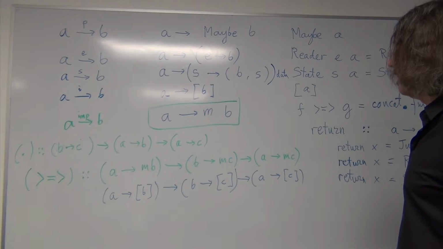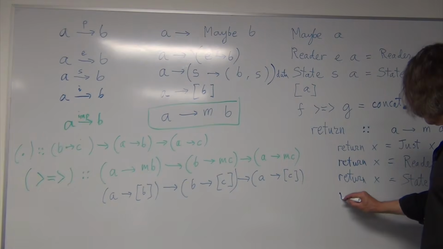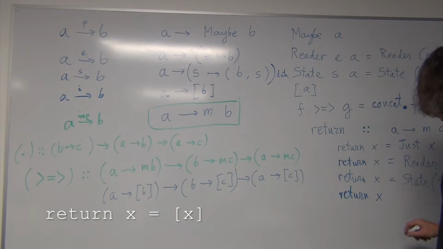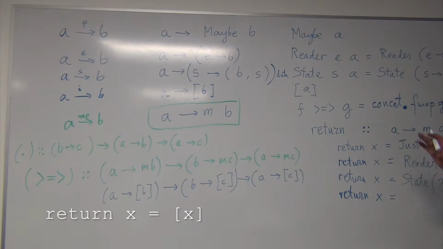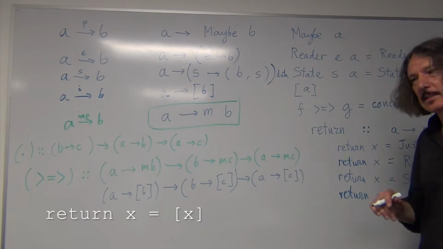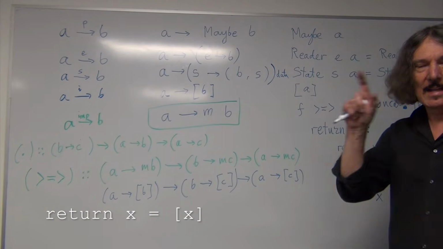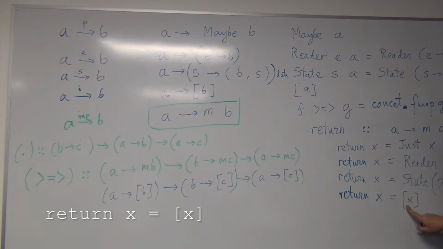Okay, what else? List. Return takes any value x of type A and produces a list. Well, there are actually several possibilities, but the simplest thing is to just return a singleton list. If you put a value between brackets, that means just a one element list with this value.